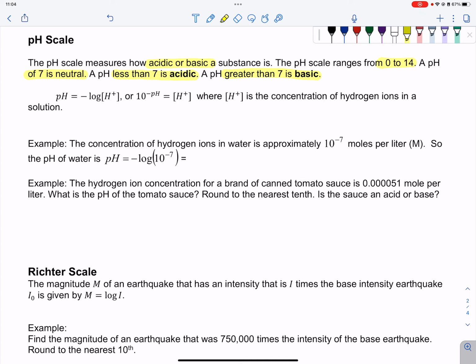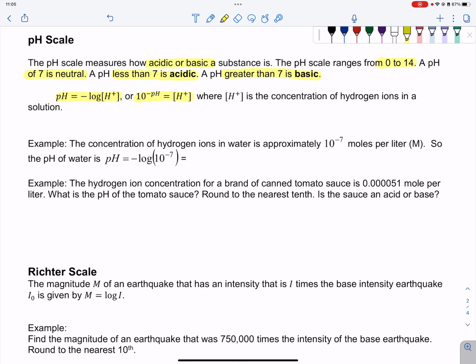So our formula for the pH scale here is that pH is equal to negative log of the hydrogen ion concentration. Or if we want to figure out what the hydrogen ion concentration is, well, that's 10 to the negative pH, and that will tell us the hydrogen ion concentration.